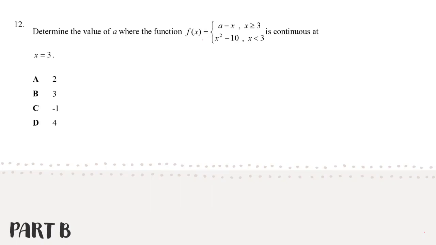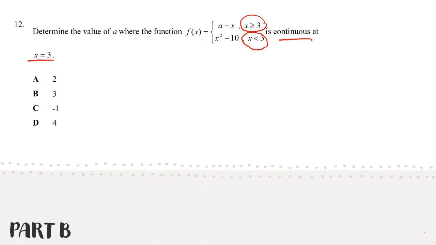Part B, number 12. Determine the value of a where the function f(x) is equal to a minus x for x greater than or equal to 3, and f(x) is equal to x squared minus 10 when x is less than 3. And we already know that the function is continuous at the point x is equal to 3. So it means that the limit exists from left and right.